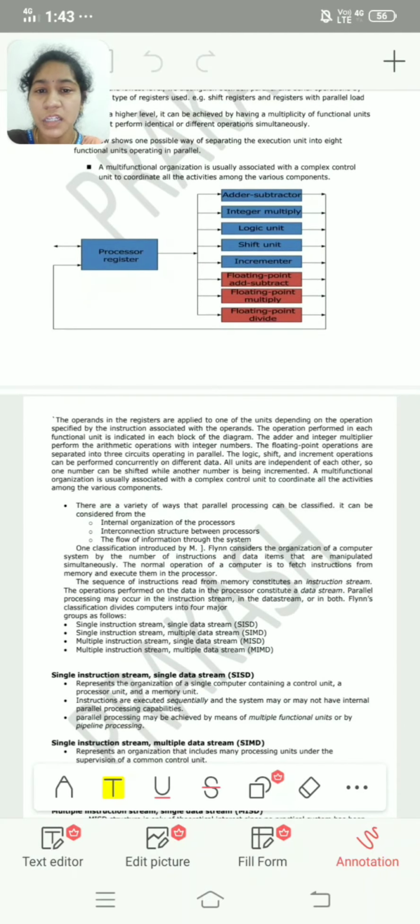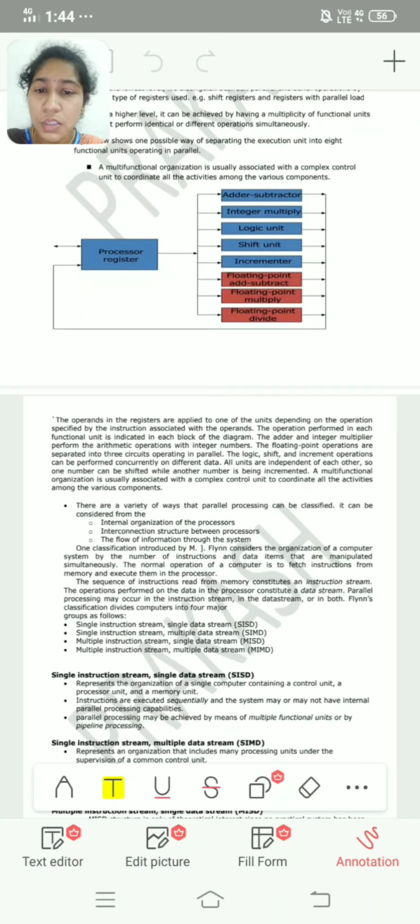A multifunctional organization is usually associated with a complex control unit to coordinate all the activities among the various components.